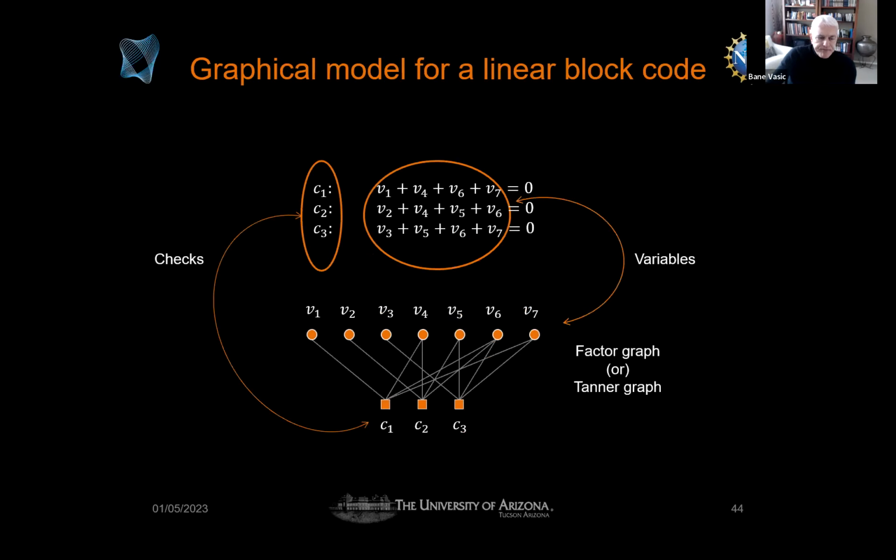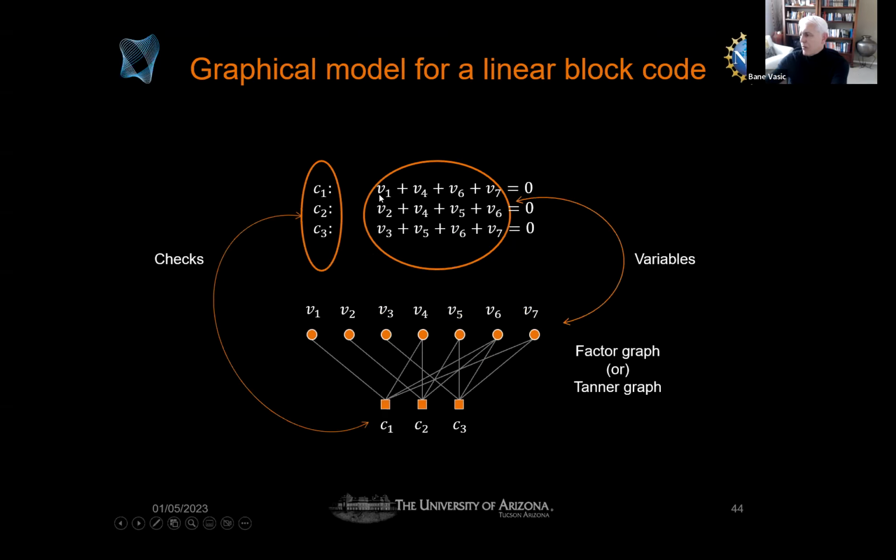So now, remember that earlier we introduced the parity-check matrix, and this parity-check matrix introduces a system of linear equations between coded bits. In this case, there are 7 bits, and let's say these 7 bits are correctly transmitted, so these are code words.